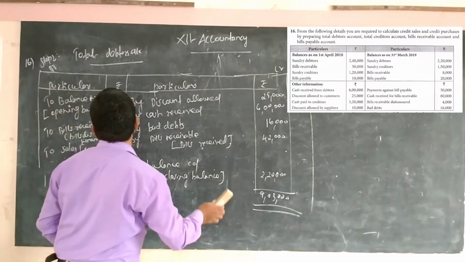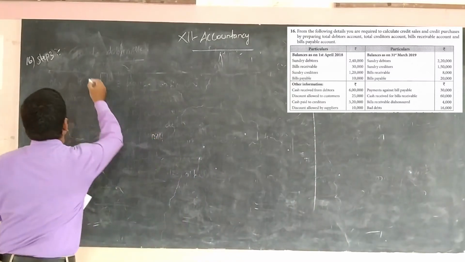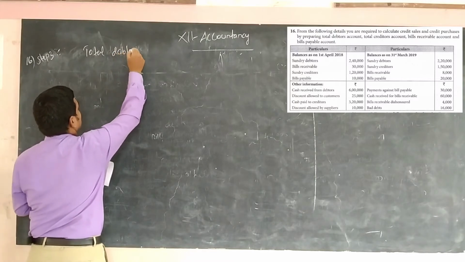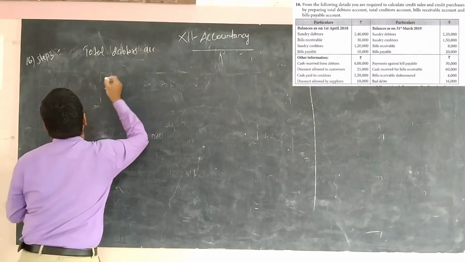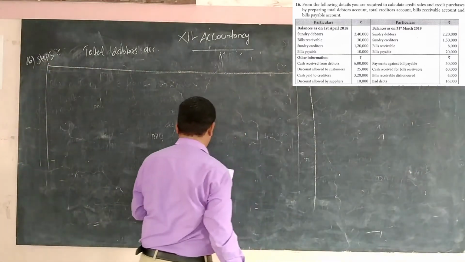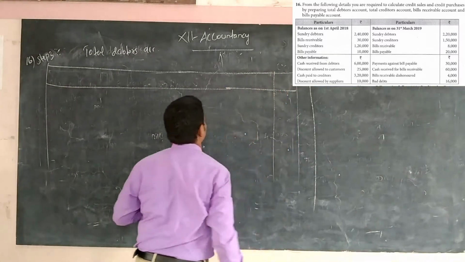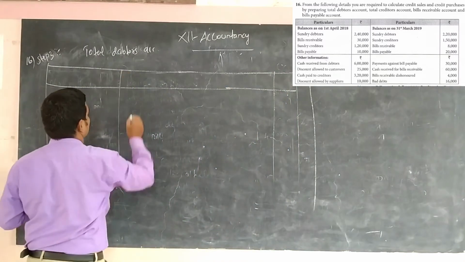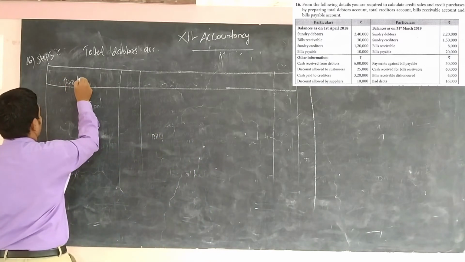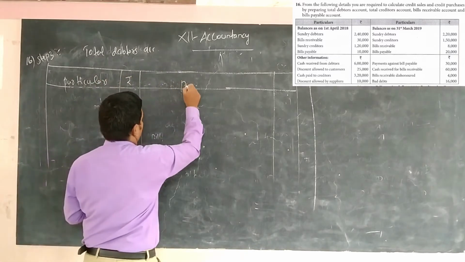Okay, so now going to start the step 3, that is total debtors account. Okay, particulars.